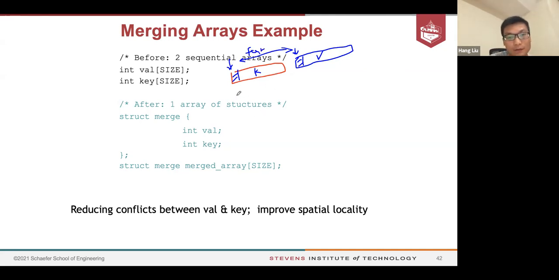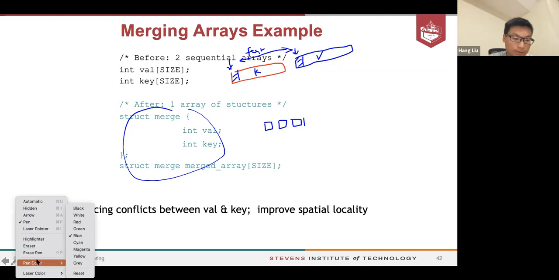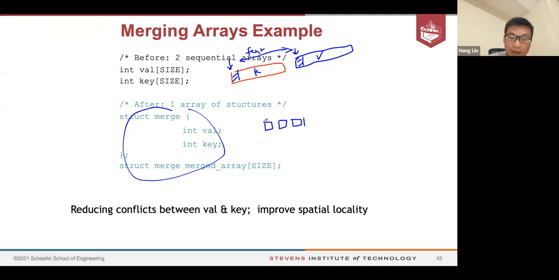In the second case, after merging, we store value, then key, like this, because this is one merged struct.